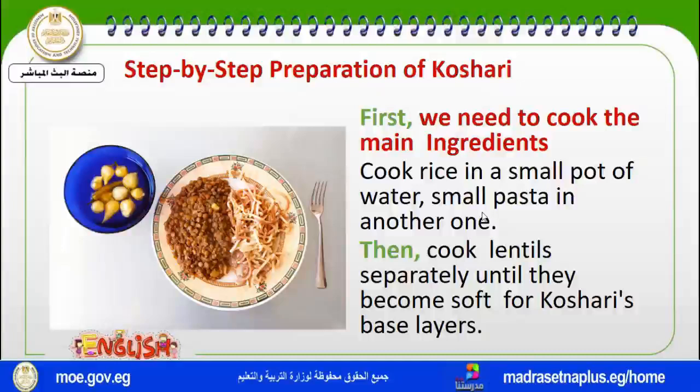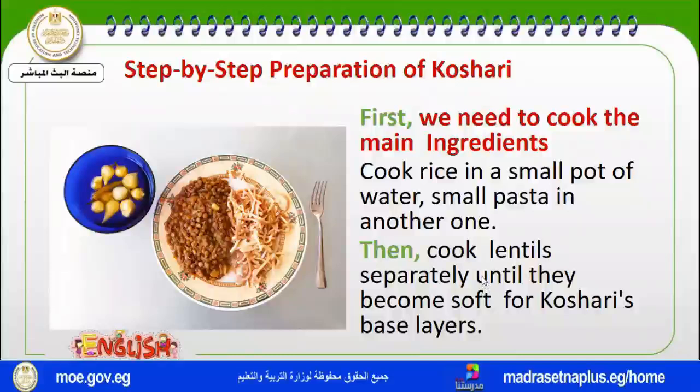Then, after we cook the rice and the pasta, we start cooking the lentils. We cook the two types of lentils separately. We don't cook them in the same pot. We put each one on the oven in a pot and let it boil until it becomes ready.